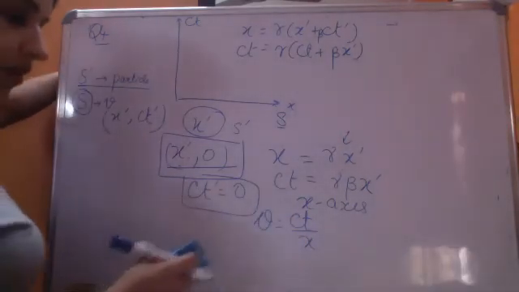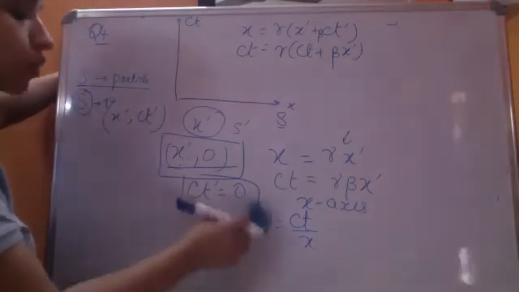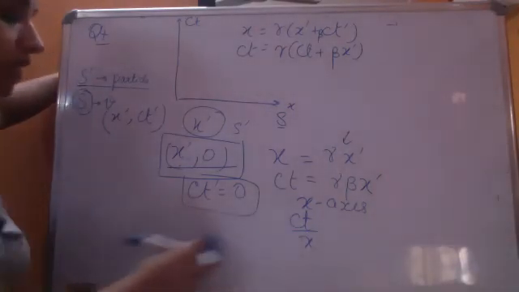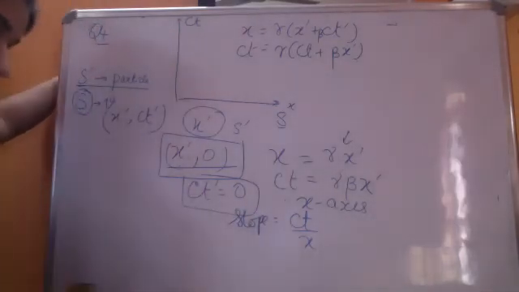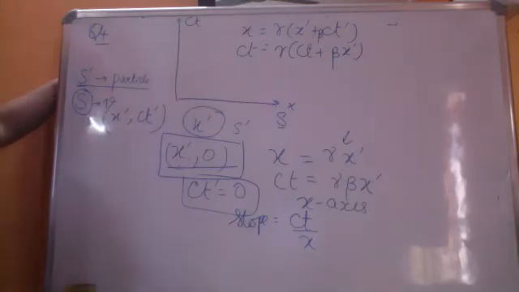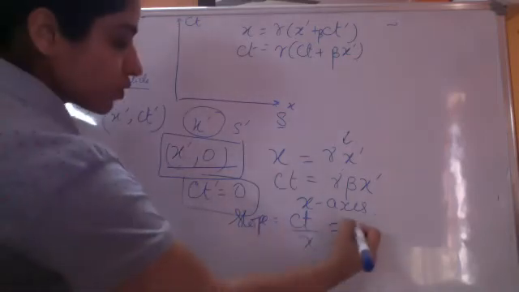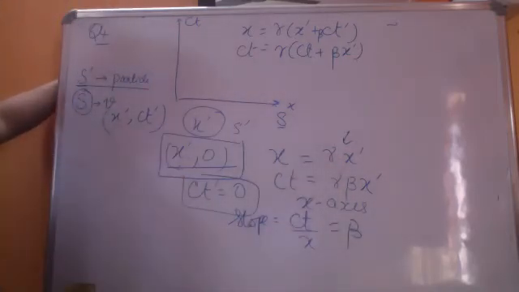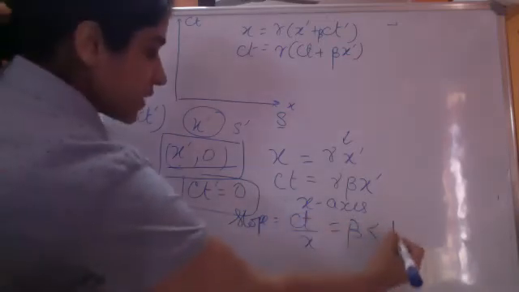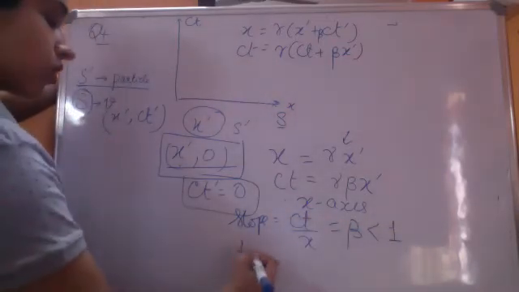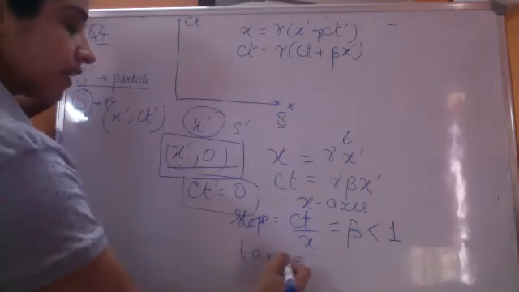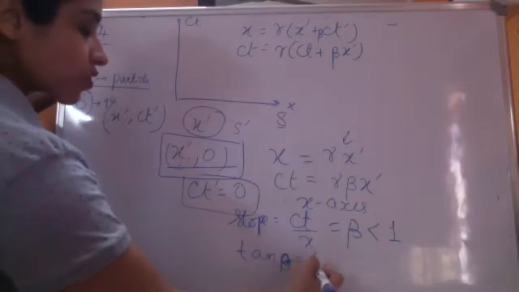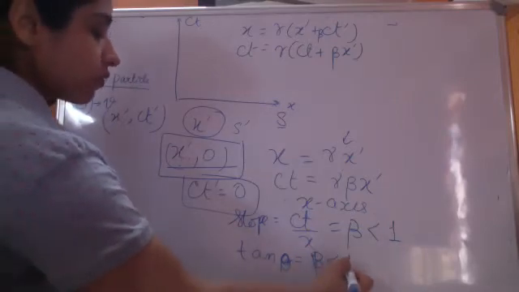Sorry, not velocity, the inverse of that, but this would represent the slope of this world line in the S frame of reference, and if you take the ratio here, it would be equal to beta, and beta is less than 1. So tan of some angle theta, which is the slope with respect to the x-axis of this world line, will be beta, which is less than 1.